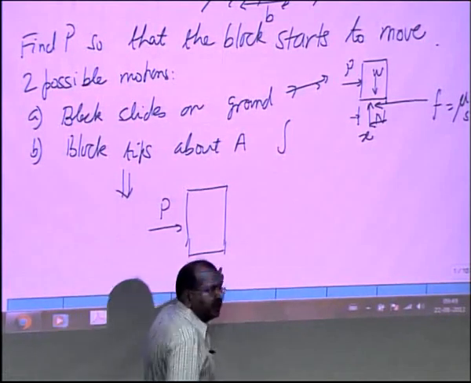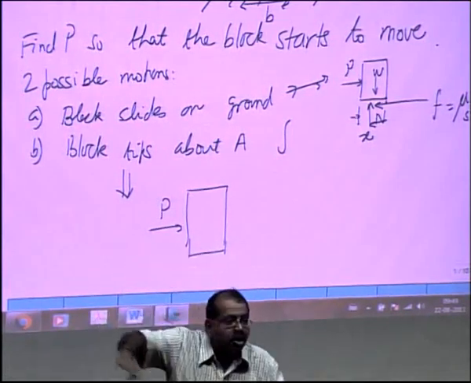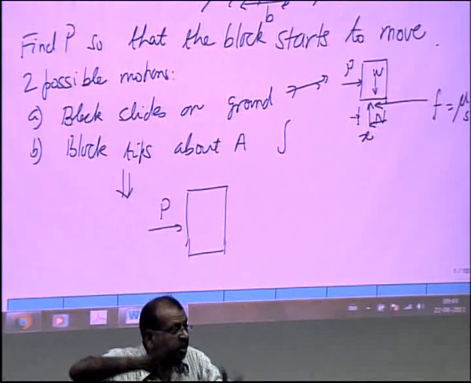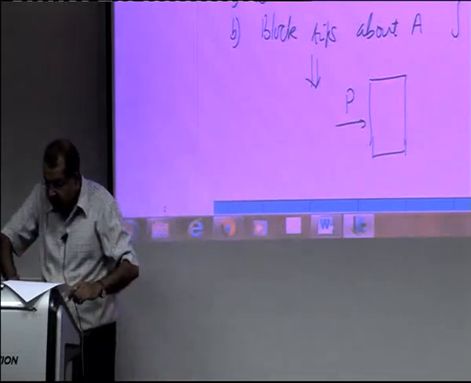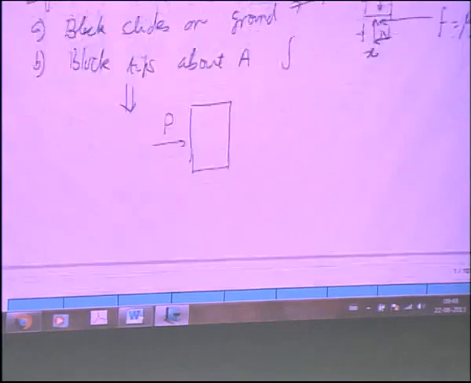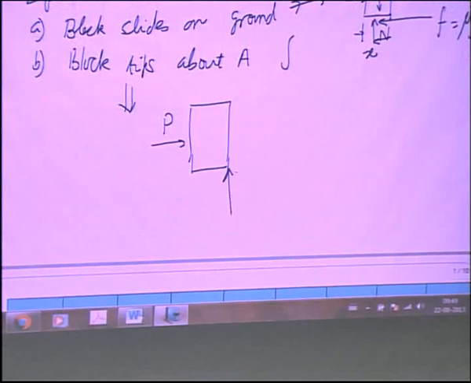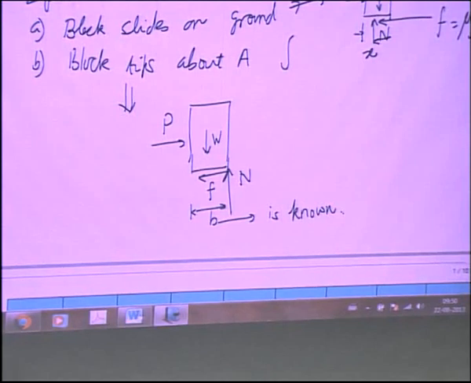Only at the point A, not anywhere else. All along the rest of the contact, the forces will be 0. They will just come to concentrate at the point A. So, in this free body diagram, when I draw this tipping scenario, I will have a normal reaction here and a friction force here, and I have the weight. Now, this distance B is known.